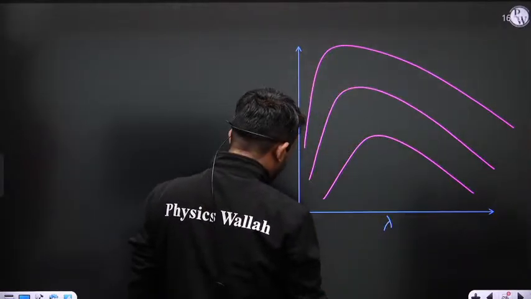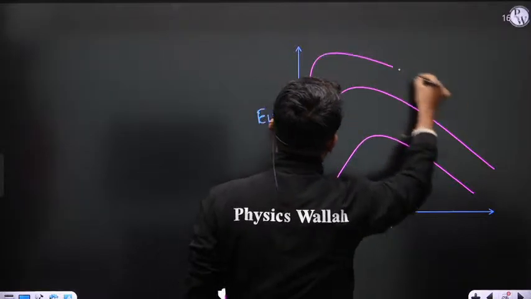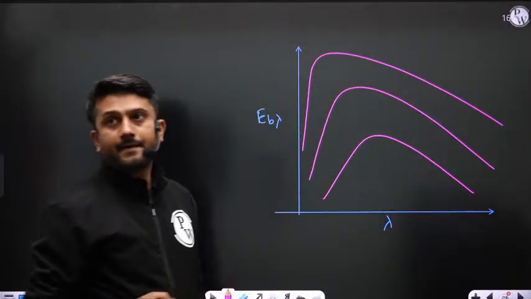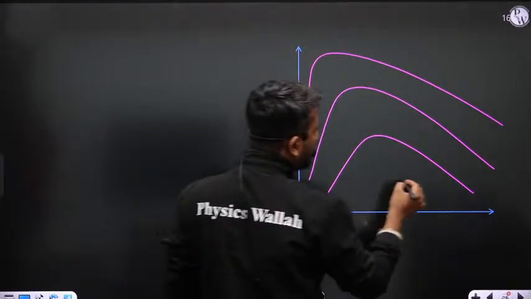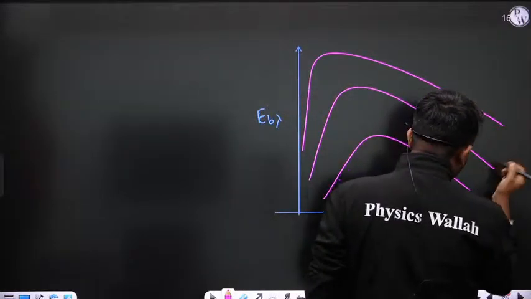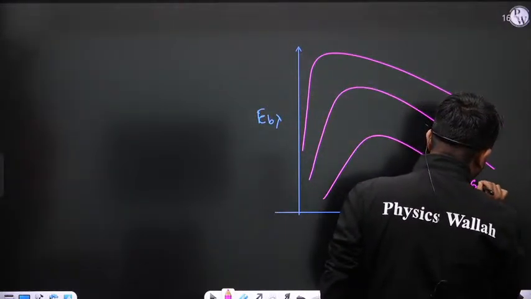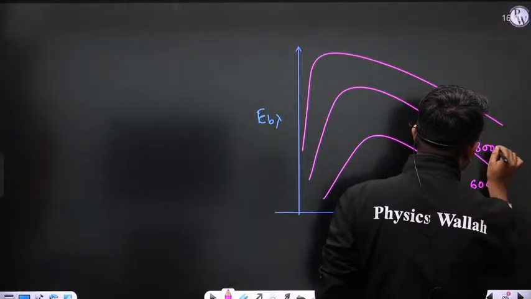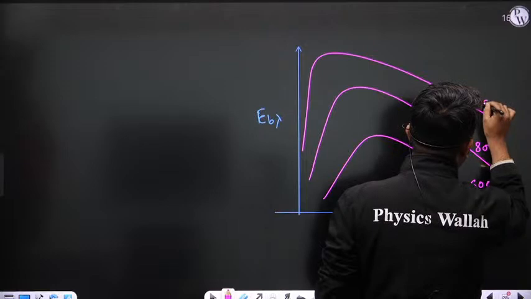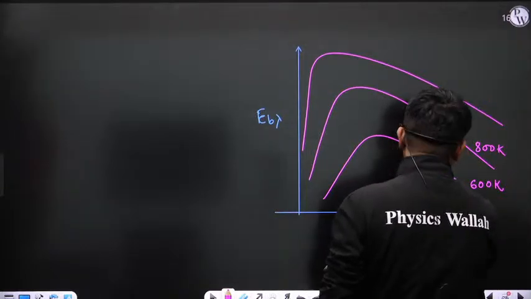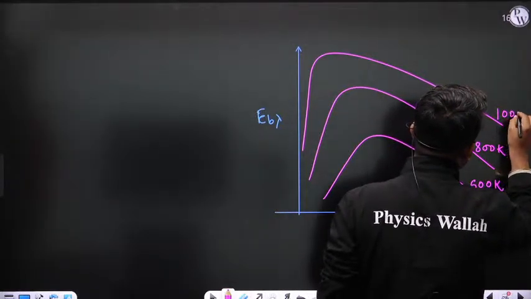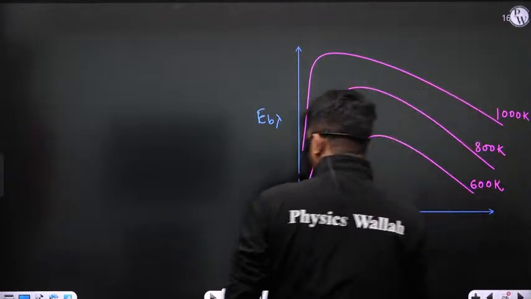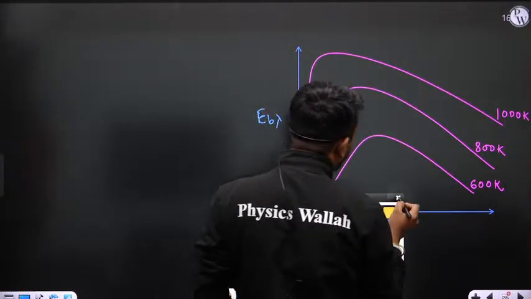Now this graph corresponds to, let us assume, 600 Kelvin. This graph corresponds to 800 Kelvin. And this graph corresponds to 1000 Kelvin.